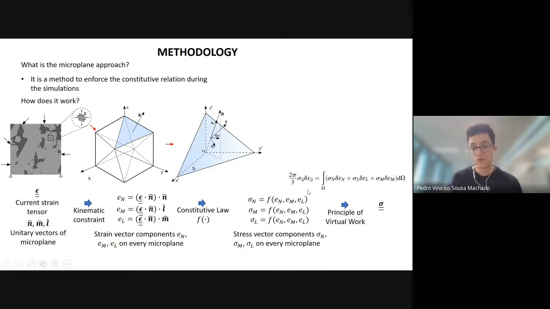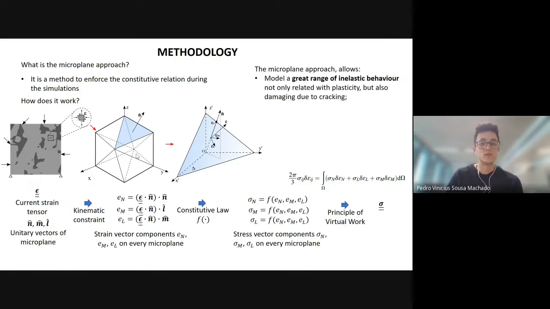It simply says that the work done by the stress vector components at every one of these planes is equal to the work done by the stress tensor with its work conjugate strain. It treats the stress vector components as traction forces on this portion of material, relating the work done by these traction forces with the work done by the stress tensor and its strain conjugate. And that's how we obtain the stress tensor.